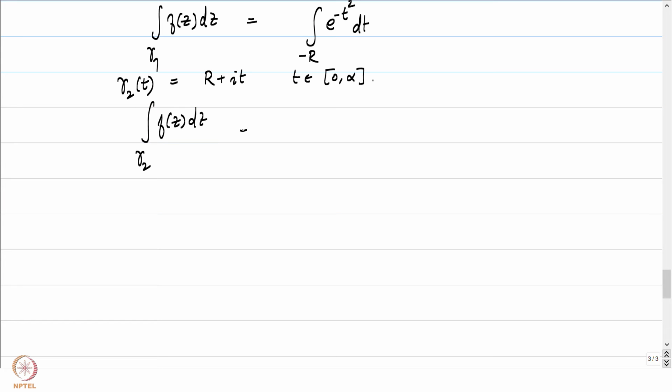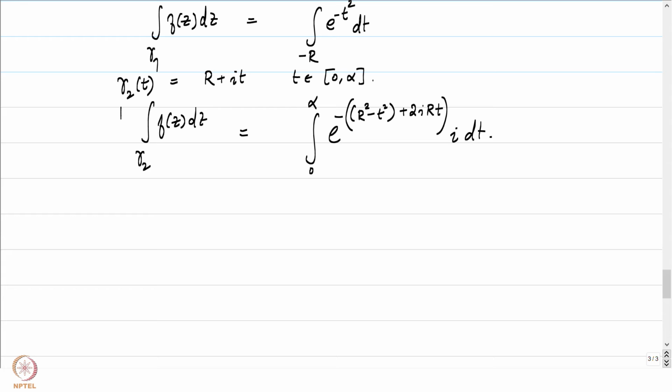So f of z is e to the power minus z square, and that's going to be e to the power minus of r plus i t the whole square, which is going to be r square minus t square plus 2i r t, and then gamma prime of t is just going to be equal to i dt. This is what we will be getting for gamma 2.